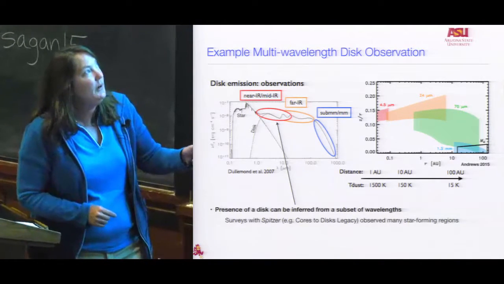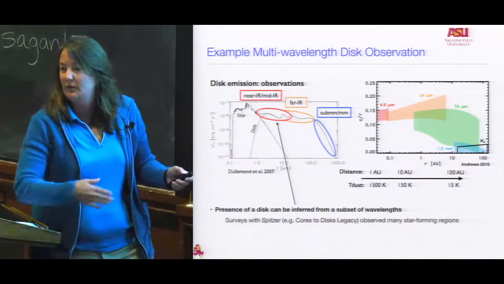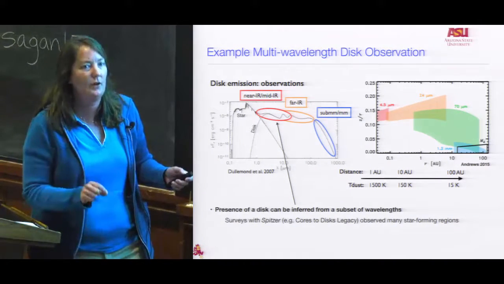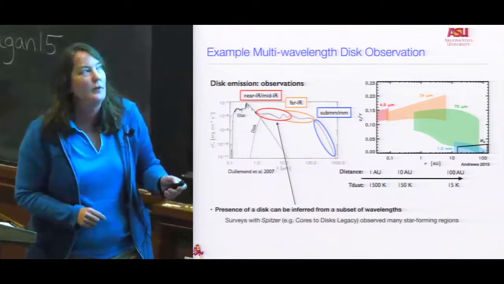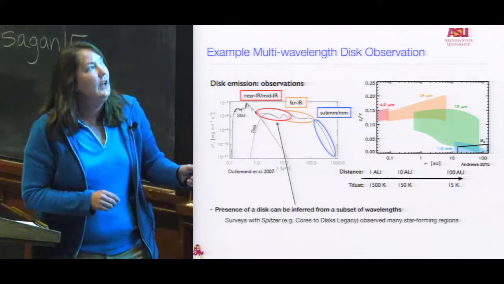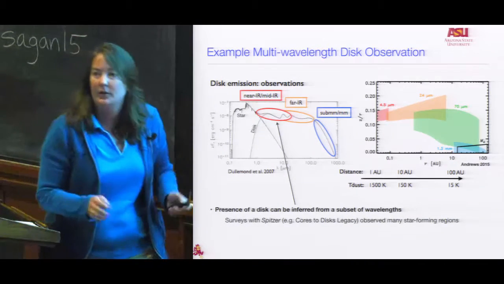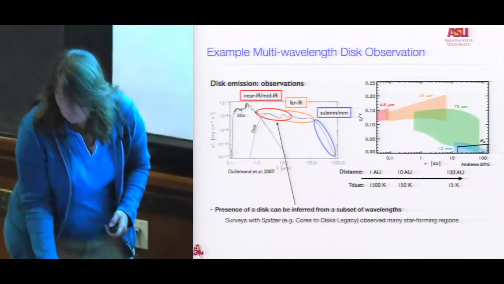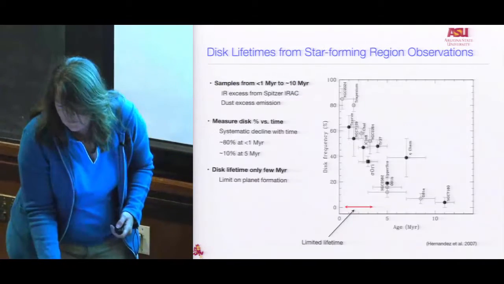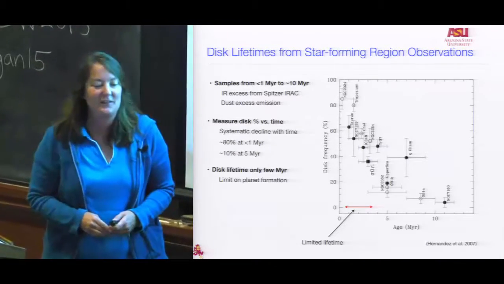And what's shown over on the right is an indication of where in the disk, so at what sort of distance from the central object, this emission is coming from. So the shorter wavelengths are quite close to the host object, and then on out to the submillimeter and millimeter, much farther from the star, or brown dwarf, whatever the case may be. And in some cases, even planetary mass objects.